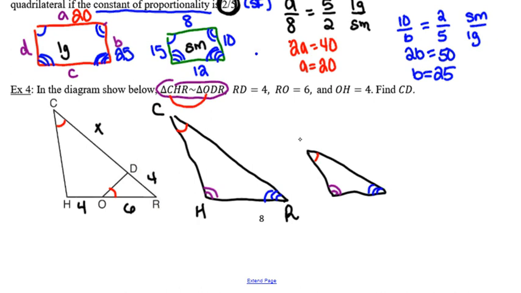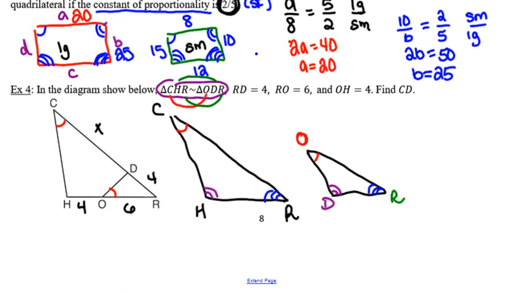So as far as the vertices or the names for these points, recall that vertex C in the first triangle matched up with vertex O in the second, so that is point O. H corresponds to D, so there's H. Its corresponding buddy over here is going to be D. And if I go back to that similarity statement, R should match up and correspond with itself. So it's that similarity statement that really determines how I label that second triangle.